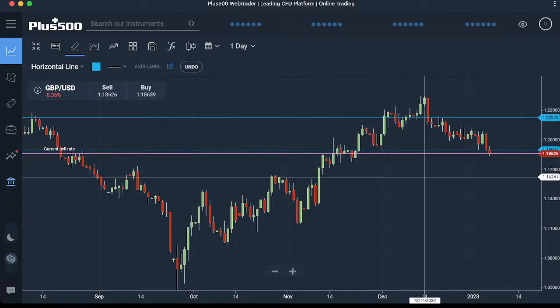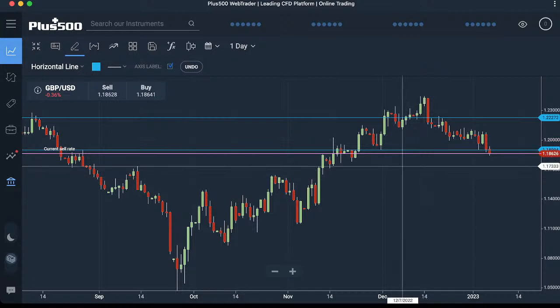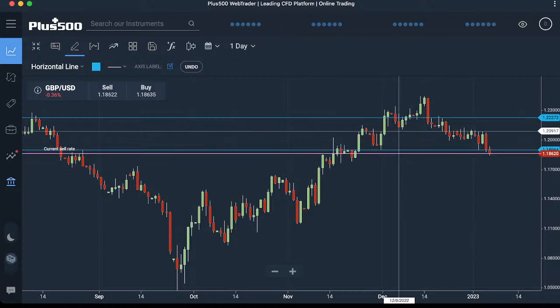So these are the two lines which I'm emphasizing for this analysis, which you can focus on, of course, in the lower time frame.